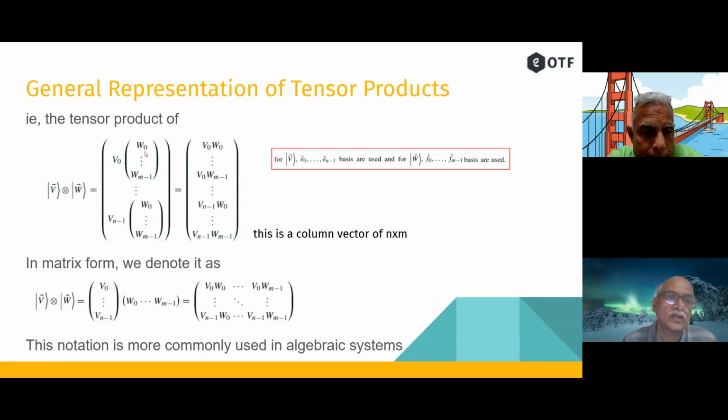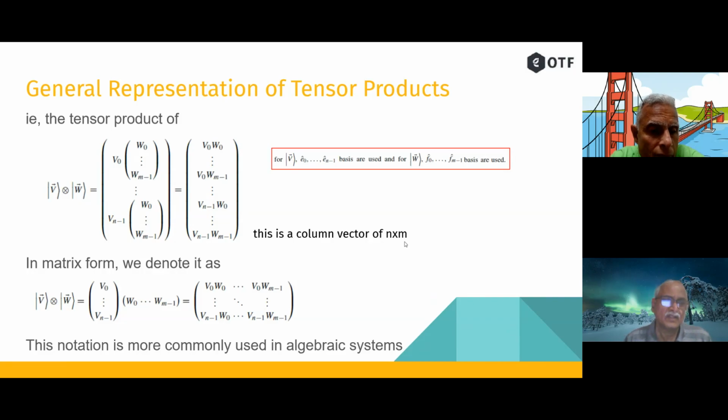So W naught, W1, etc. up to Wm minus 1, exactly like the way I showed you earlier on. And this further expansion will give you all the combinations of the products, and that is once again nothing but a column vector of size n into m.